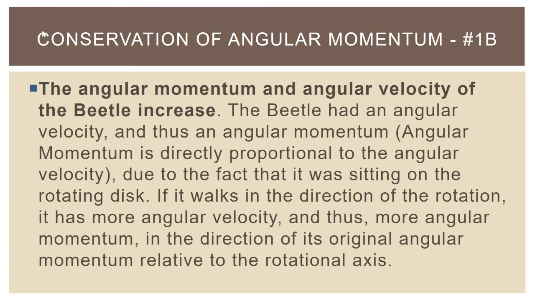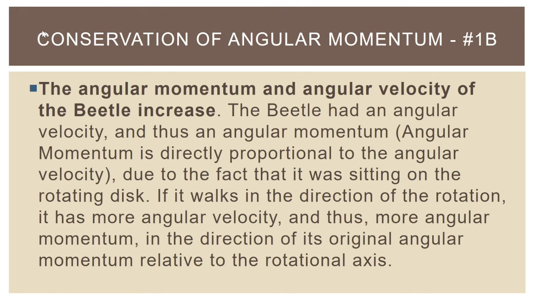Like if a person is standing on a train and the train is moving to the right at 10 meters per second, the person is moving to the right at 10 meters per second. But if they start walking now relative to the surface of the train at 2 meters per second, then to somebody off to the outside, and in this case, the somebody off to the outside is like the rotational axis, the Beetle has a relative velocity that is now larger.